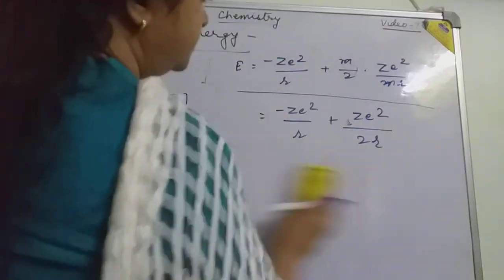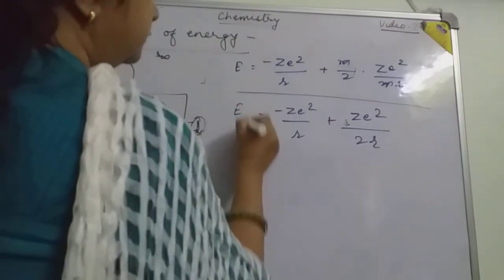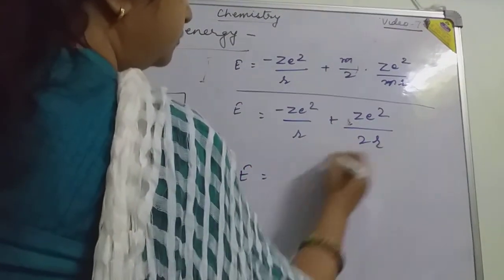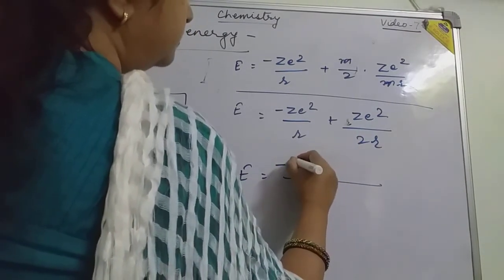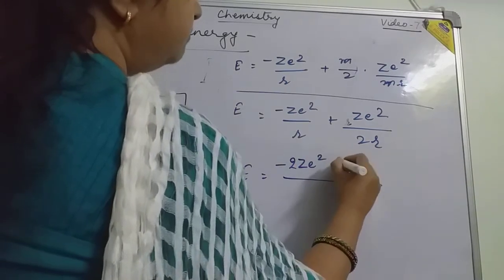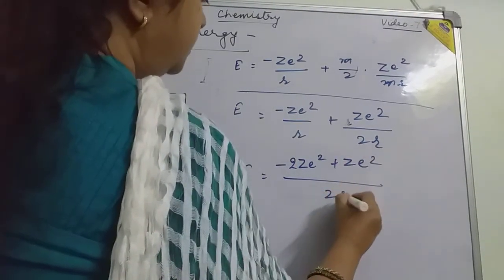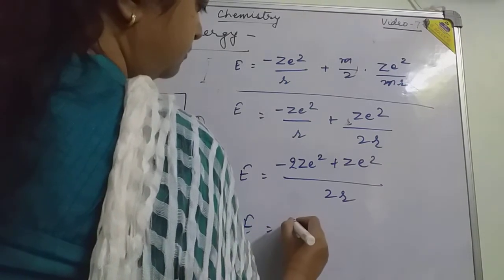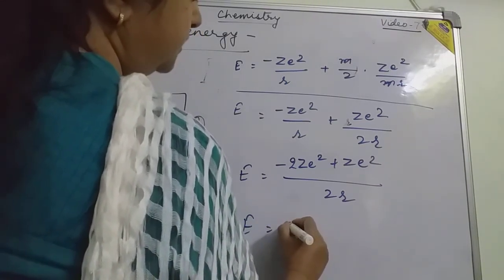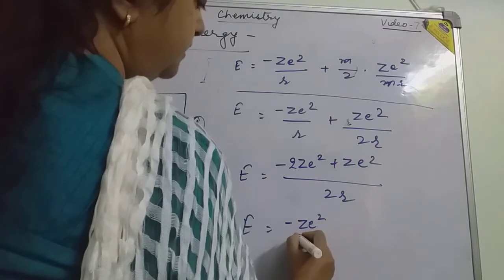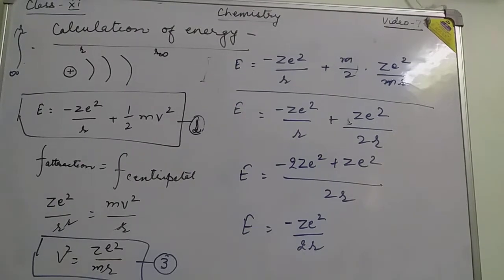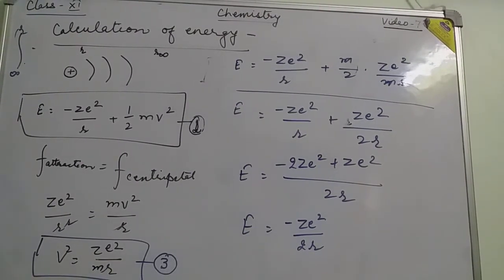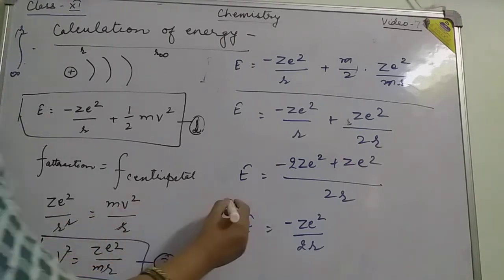By calculating it, we get E equal to minus 2Ze square plus Ze square by 2r. So E is equal to minus Ze square by 2r.